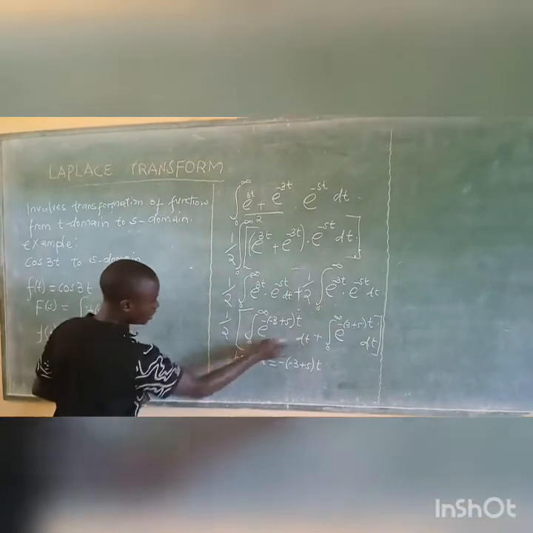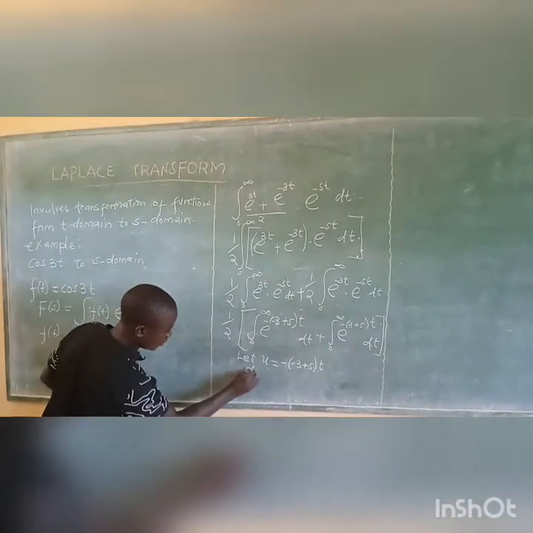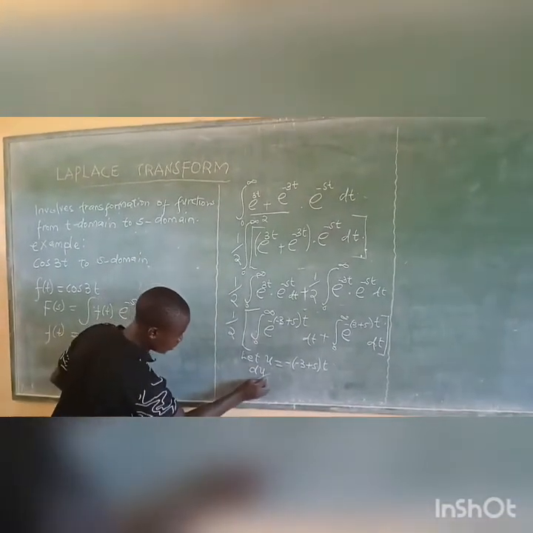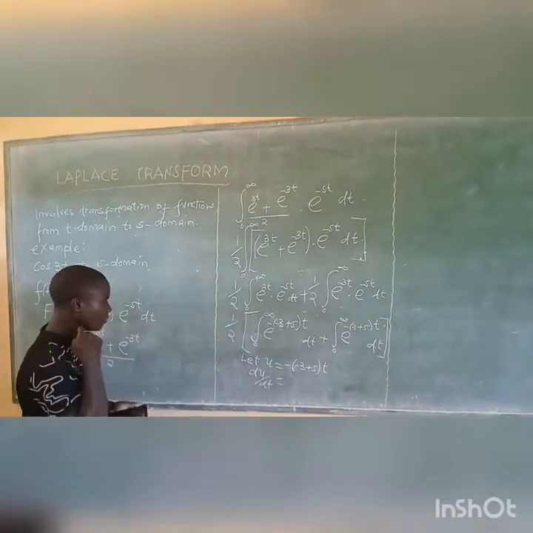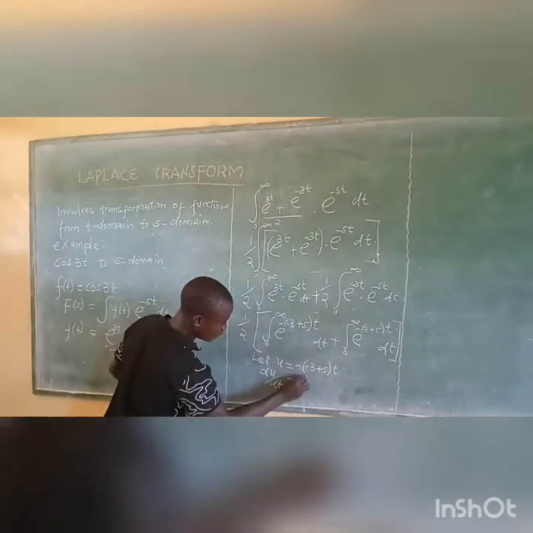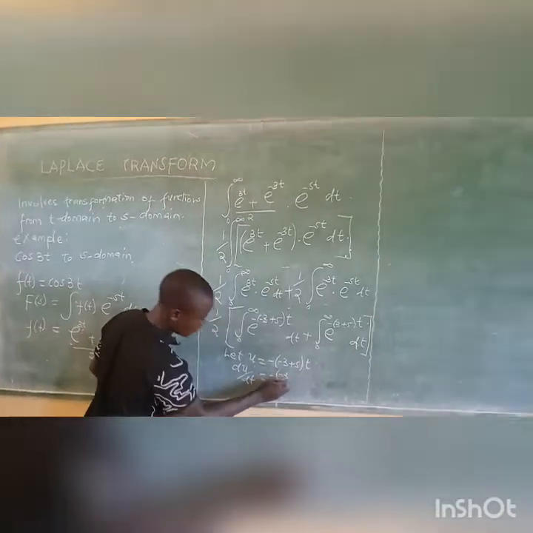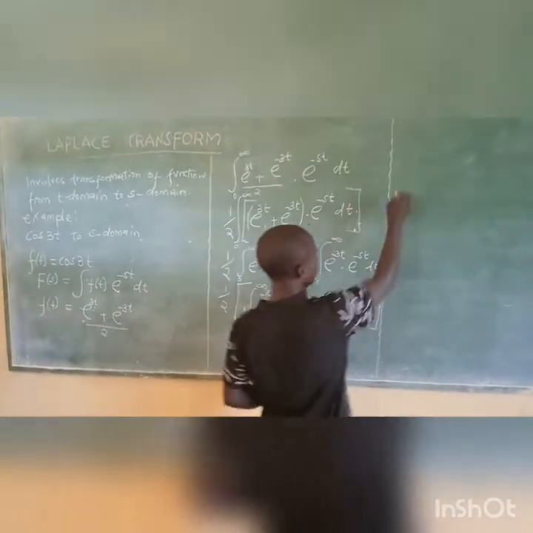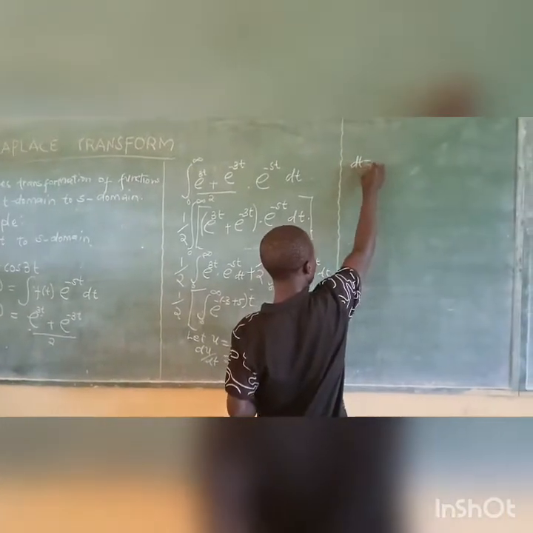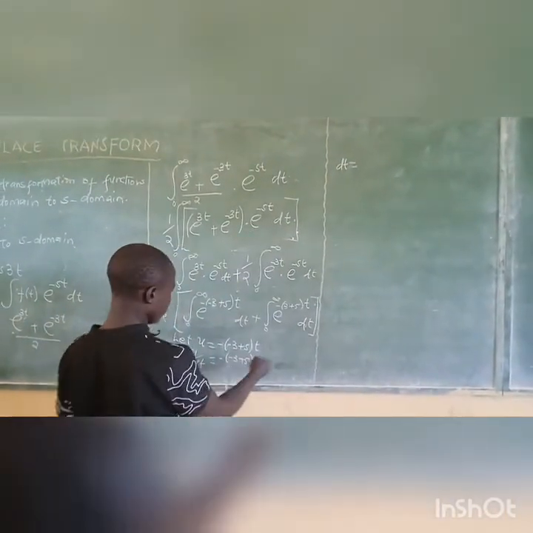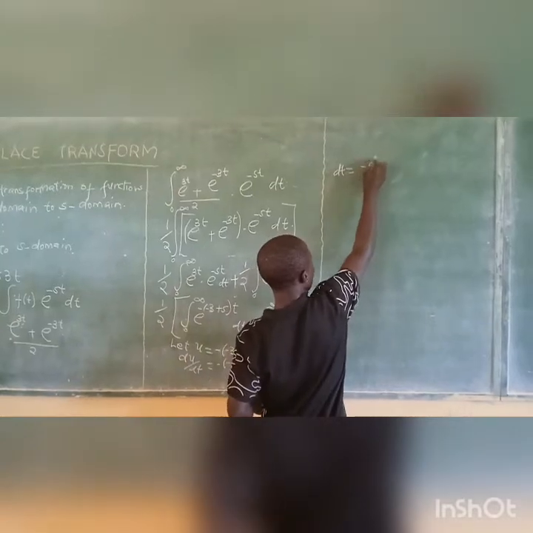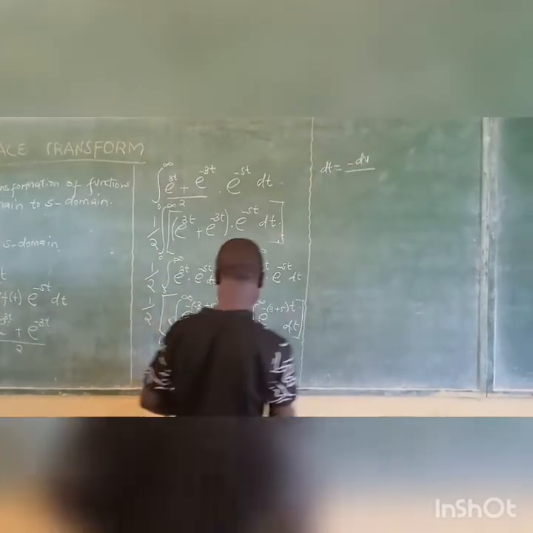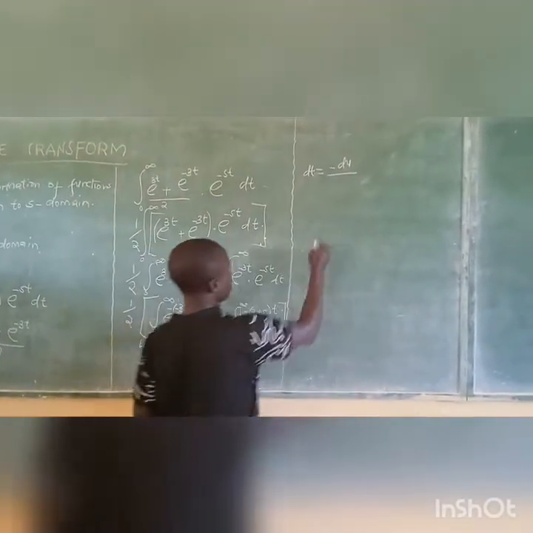So du dt will be negative 3 plus s, meaning our dt will be negative du over negative 3 plus s.